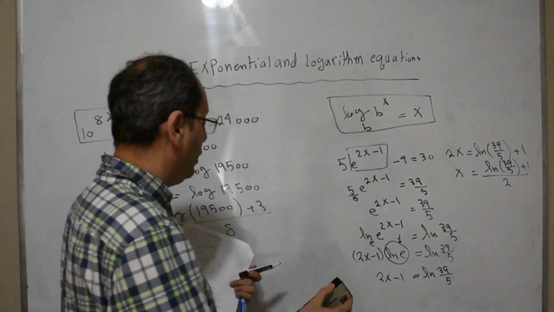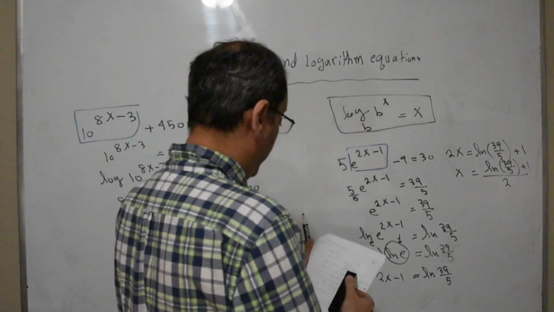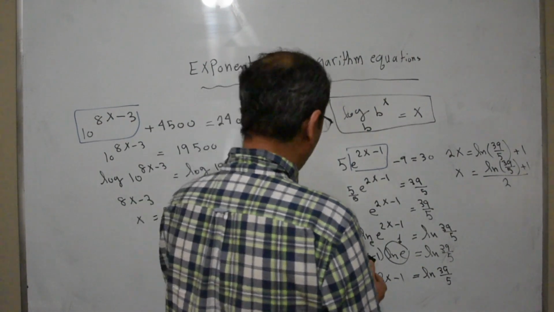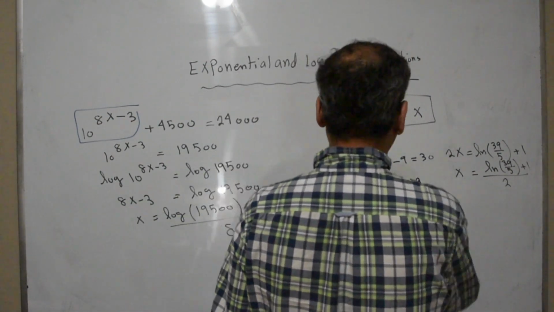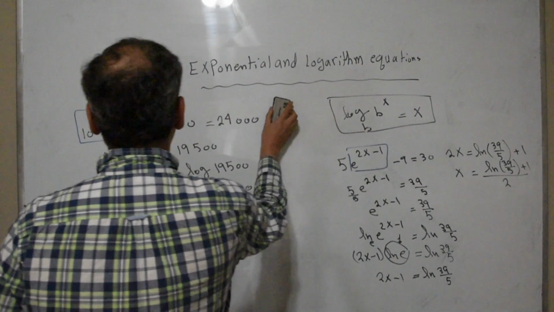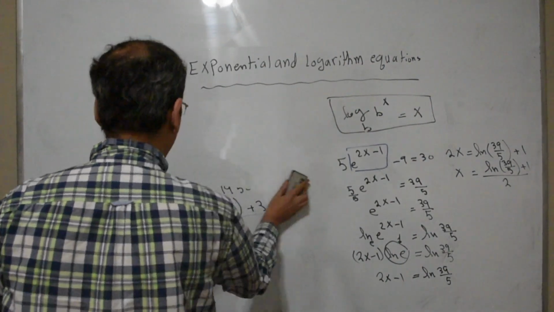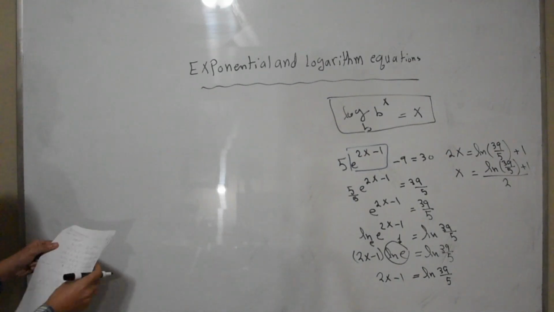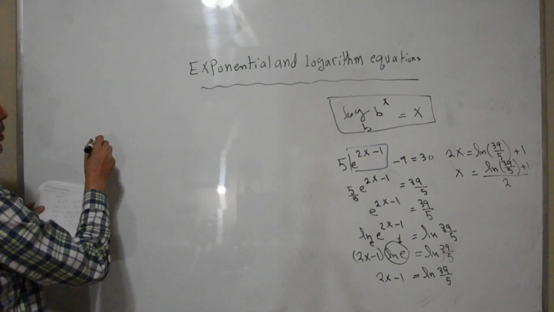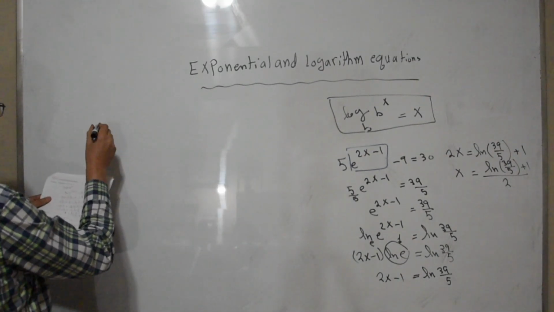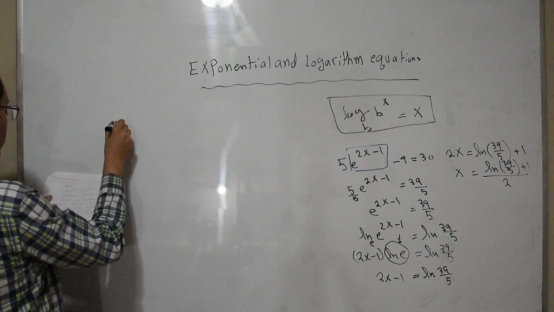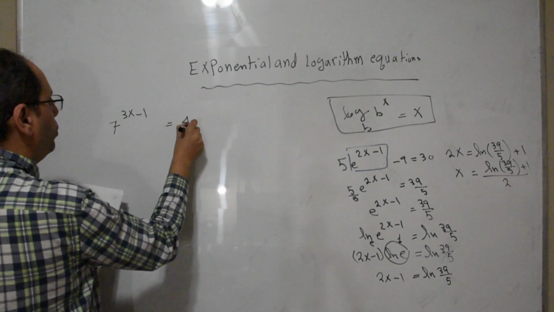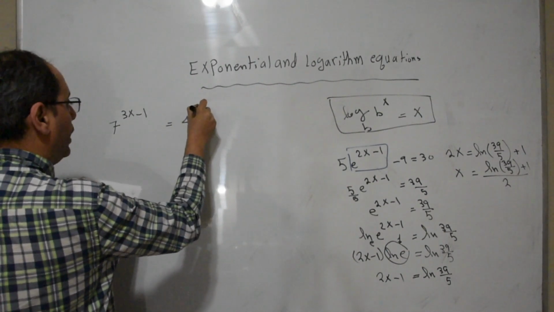Alright, let's get maybe it's the same rule, but I'm not going to do this, so let's see. So I have, also I'm solving for x, 7 to the 3x minus 1 equals 4 to the 2x plus 5.